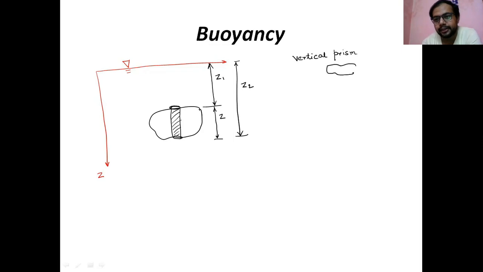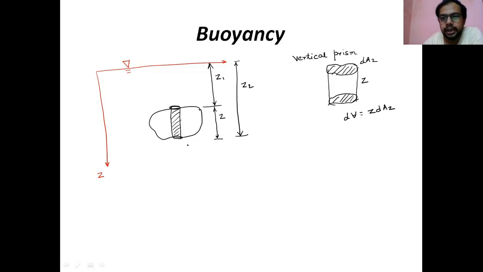So the vertical prism has one volume, with area A and height Z. Same area here, height is Z. So the total volume of the vertical prism is Z times A. Now, you know at the free surface of the water, or any other liquid, there is atmospheric pressure.